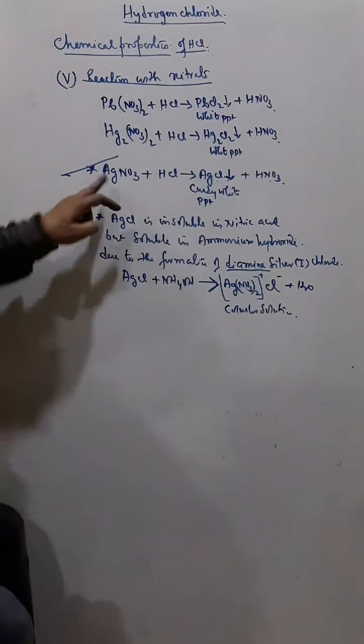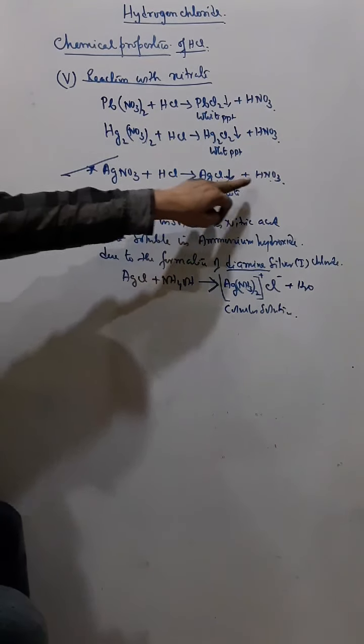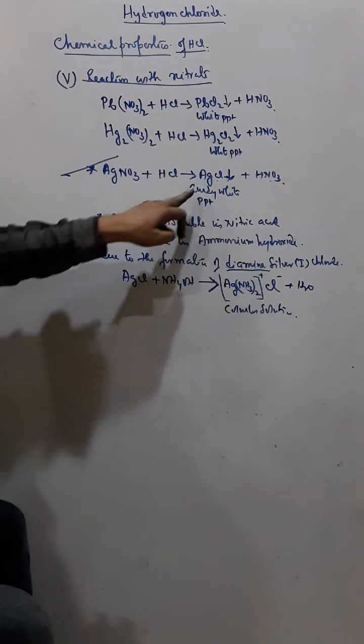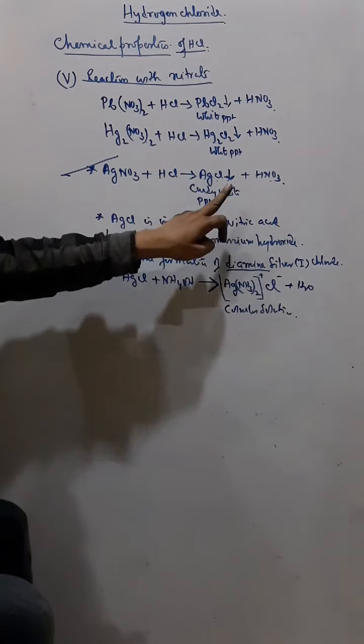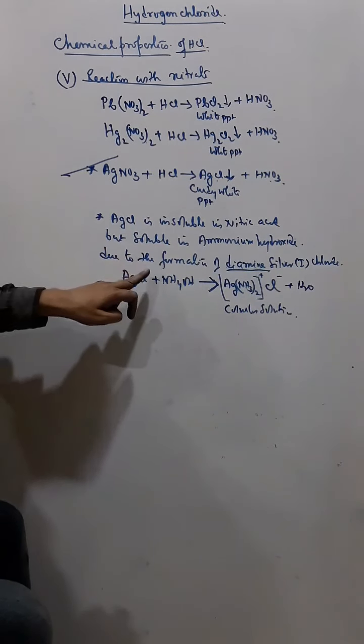So that means first AgNO3 reacts with HCl, forms a curdy white precipitate and nitric acid. That means this curdy white precipitate is insoluble in nitric acid, but it is soluble in ammonium hydroxide solution.